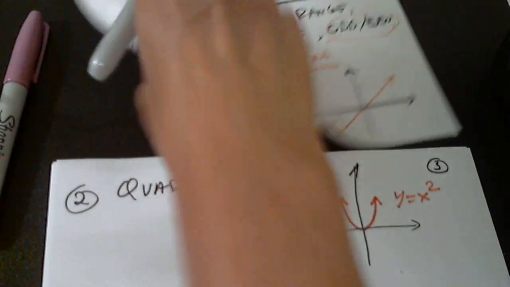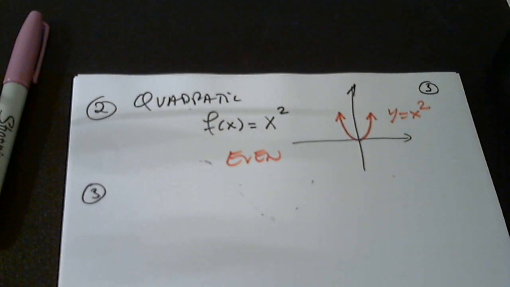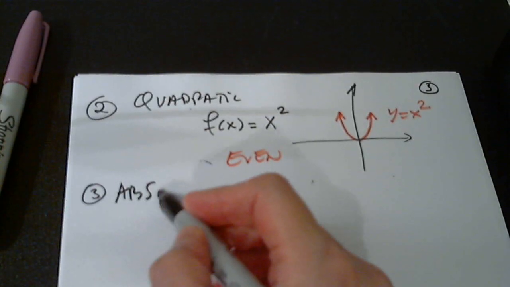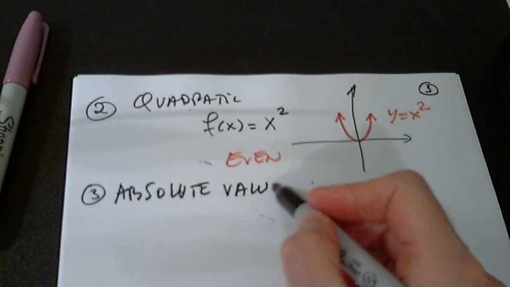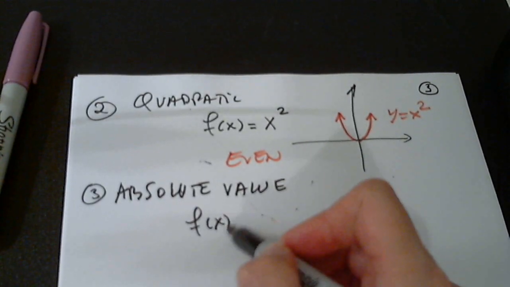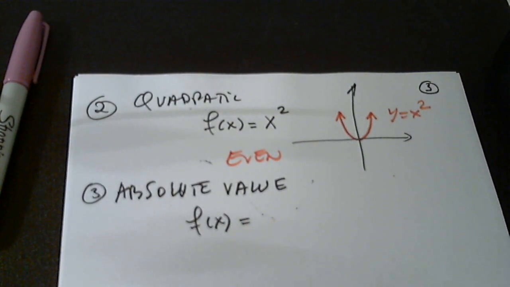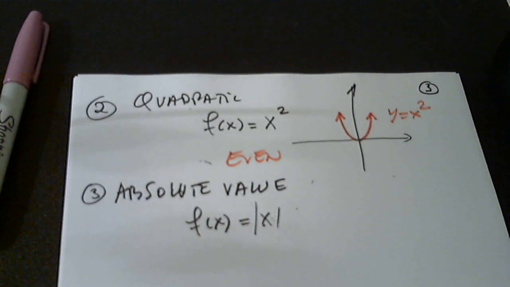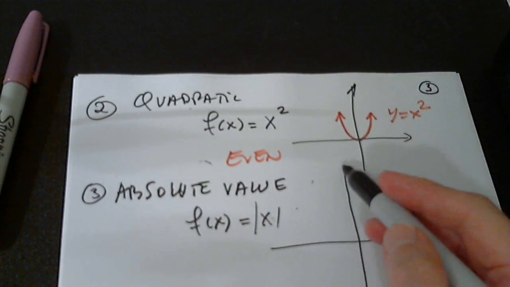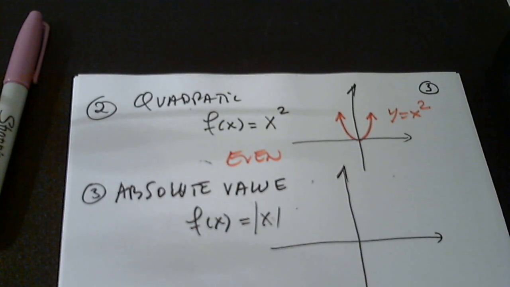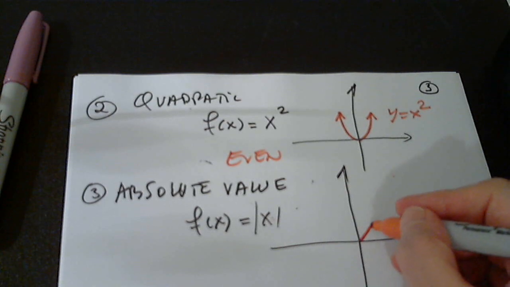Third category, absolute value. Can anyone give us the simplest possible absolute value function? Absolute value of x. That's it. Plain. Good. Here's the graph of the absolute value of x. We also call it a v function.